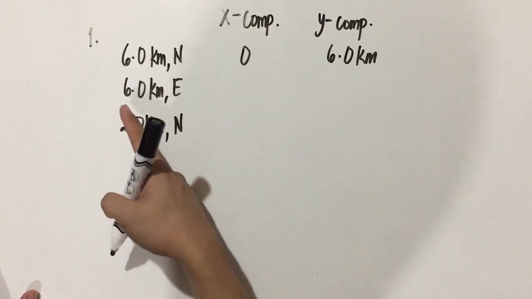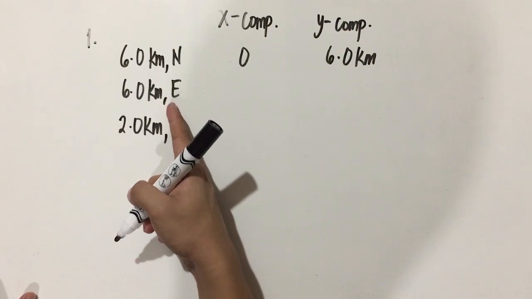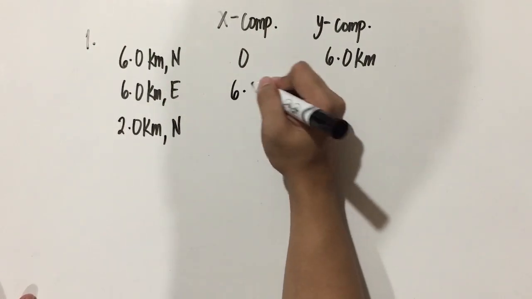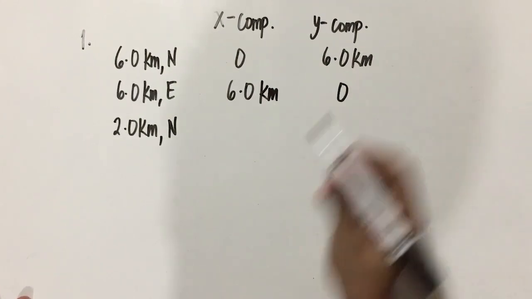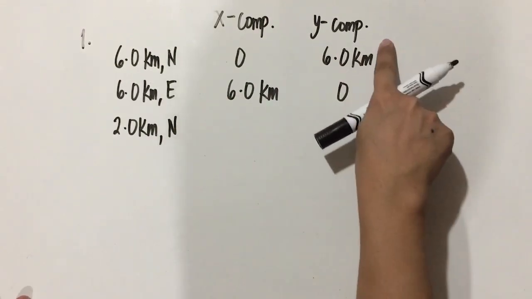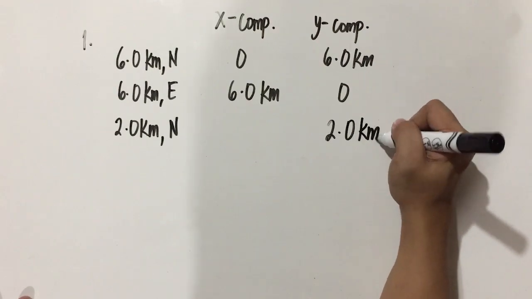Let's do the same for the second given. 6.0 kilometers east is on the x component, right? So that is still positive, for the first quadrant, your east. So 0 for the y component. Now for 2.0 kilometers north, the y component is still positive because that is found on north.